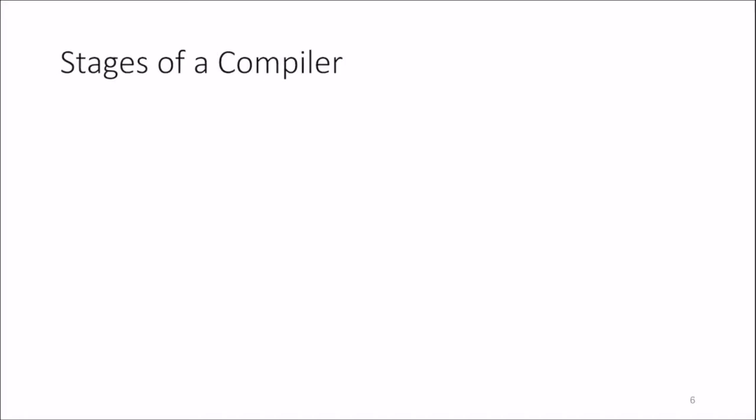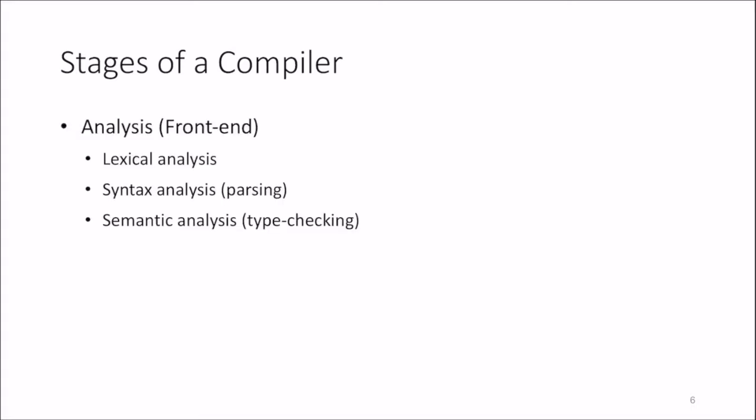So there are many different stages of the compiler, and what I want to do in this lecture is give you details of each of these stages. The front end is split up into lexical analysis, syntax analysis or parsing, and semantic analysis or type checking.